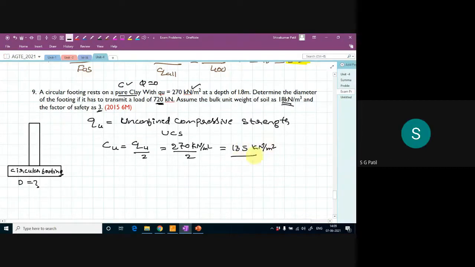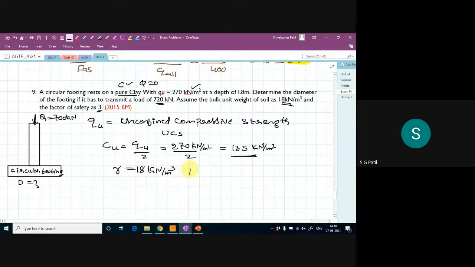Very good. Determine the diameter of the footing if it has to transmit 700 kilonewton. What is the load it is transmitting? It is my capital Q, 700 kilonewton. Assume the bulk unit weight of soil as 18 kilonewton per meter cube. So gamma is 18 kilonewton per meter cube.